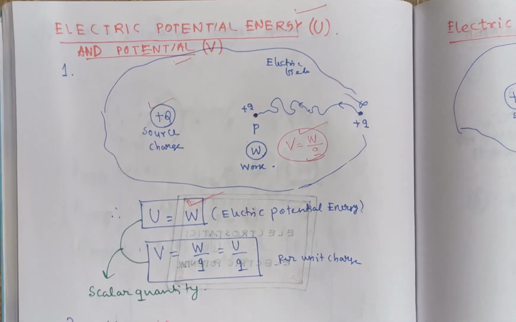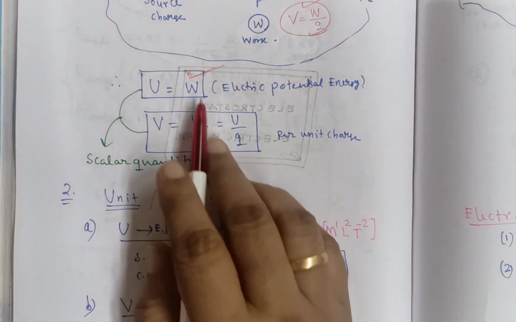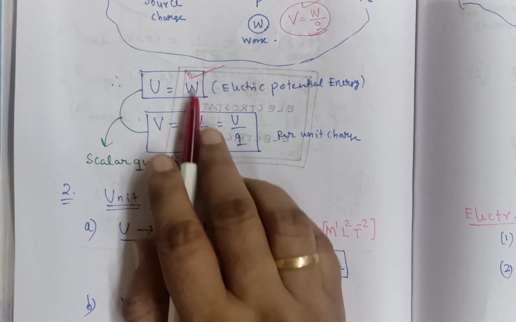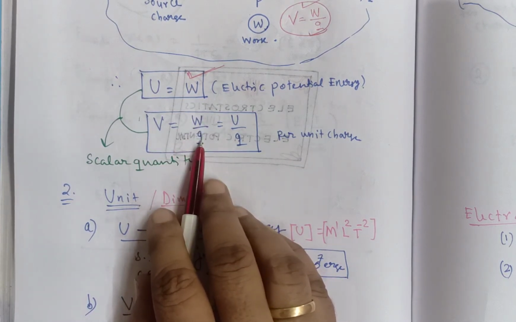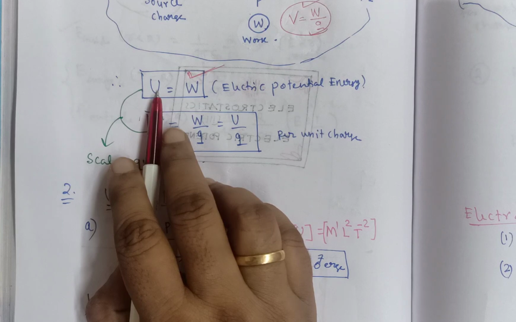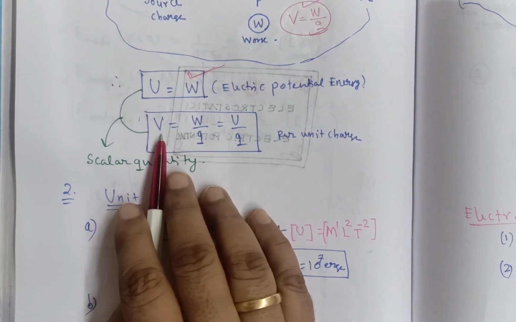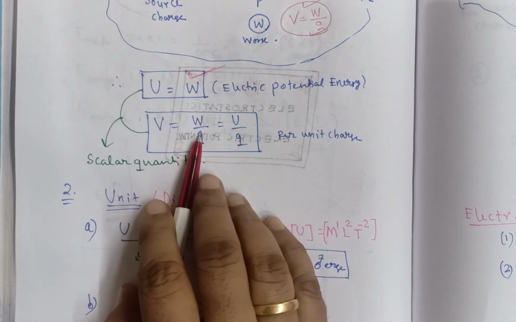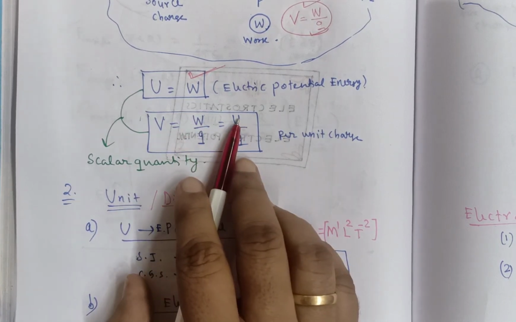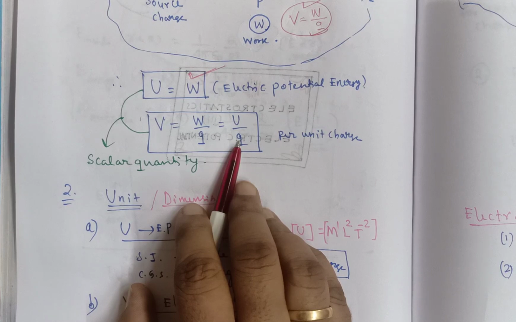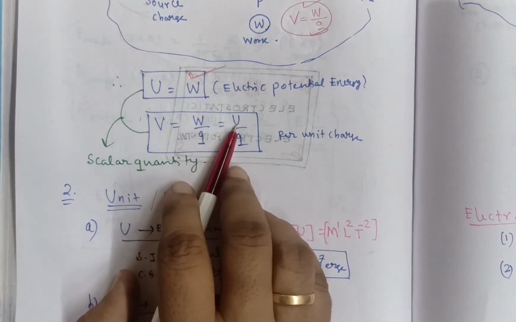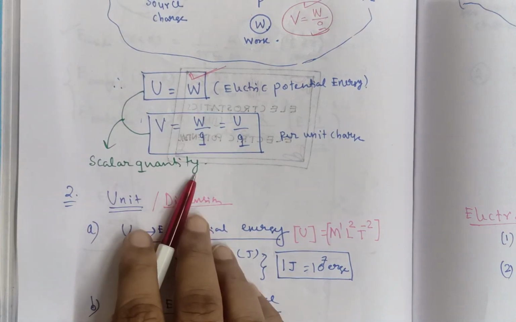This is the only difference. Its unit will be joule per coulomb. So electric potential energy is W, and electric potential is the amount of work done per unit charge, or you may write electric potential energy divided by the small charge q. Both represent amount of work, that means both are scalar quantities.